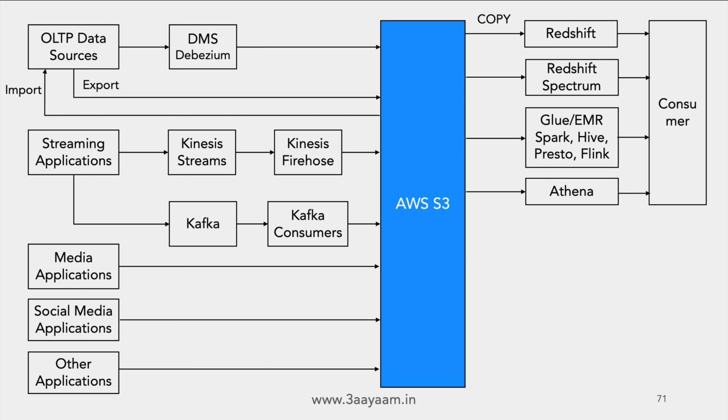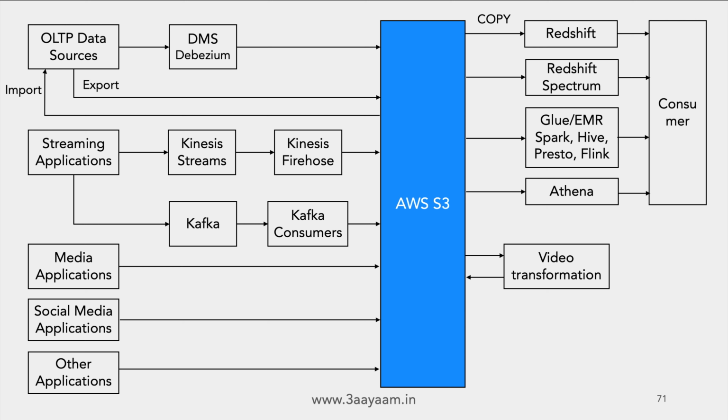We might be having video applications also, which will do video transformation. So it will read the videos that have been uploaded by media applications and do some transformation and then upload them back to S3. Now, when I talk about video transformation, it means transcoding or encoding.